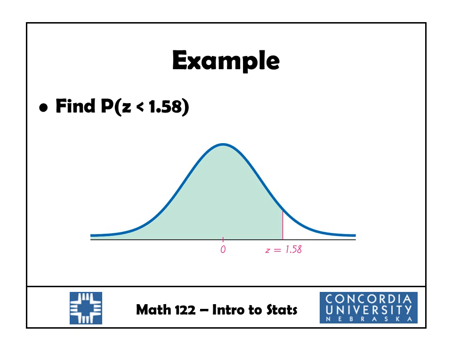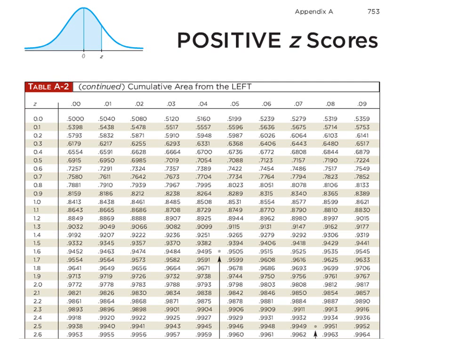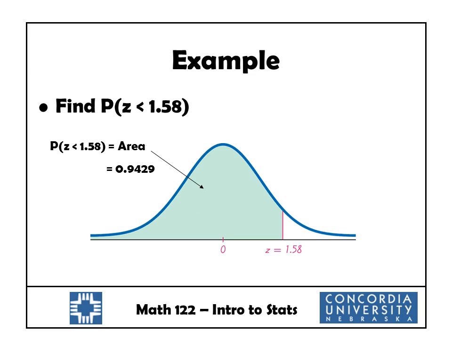Well, that wasn't quite as easy as with a uniform distribution. And so we found that by using our z-score table. So we went to the positive z-score table, went to 1.58, so down to 1.5 and over to column 0.08, and we get a number of 0.9429. That's the area or the probability. Okay.